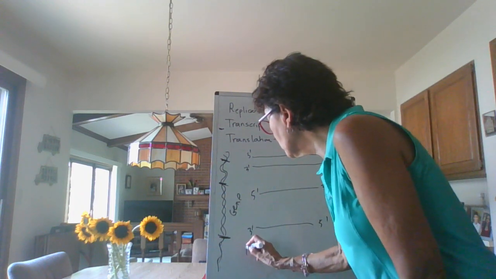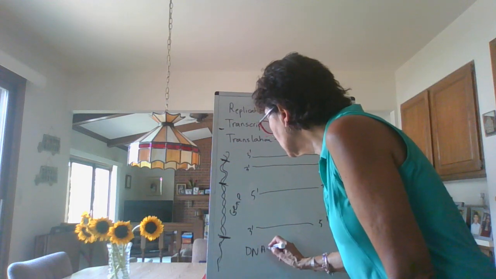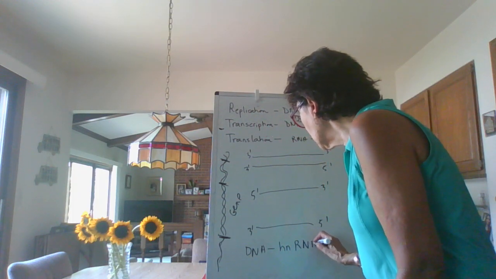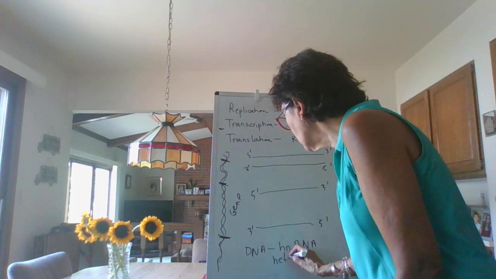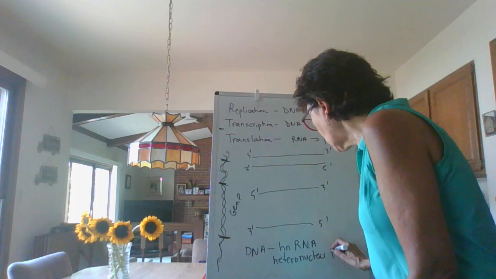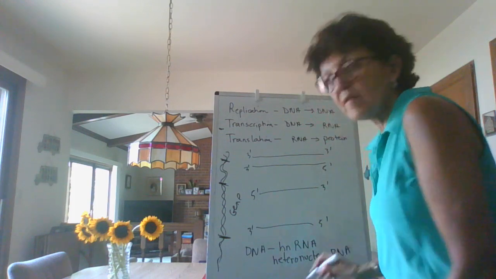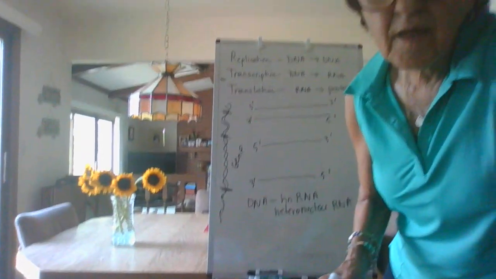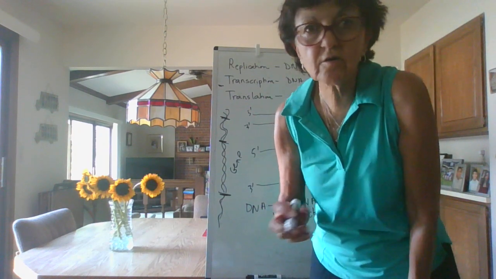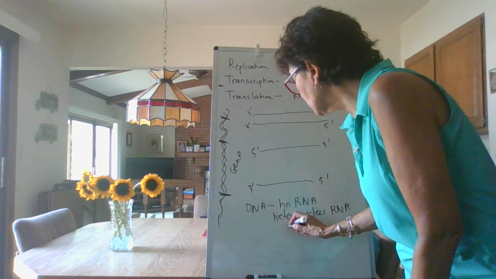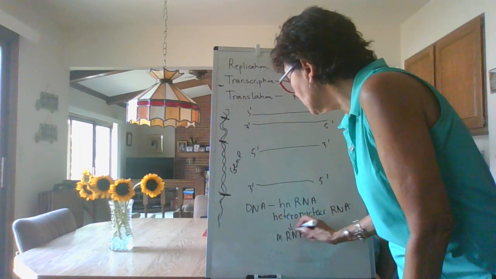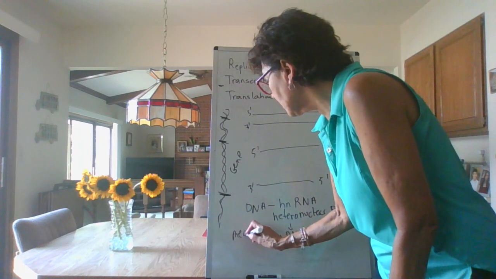So you're going to go from DNA into something called hnRNA, heteronuclear RNA. Then we're going to cut some things out of that heteronuclear RNA, and then turn it into something called mRNA, which you may have heard of, or messenger RNA.